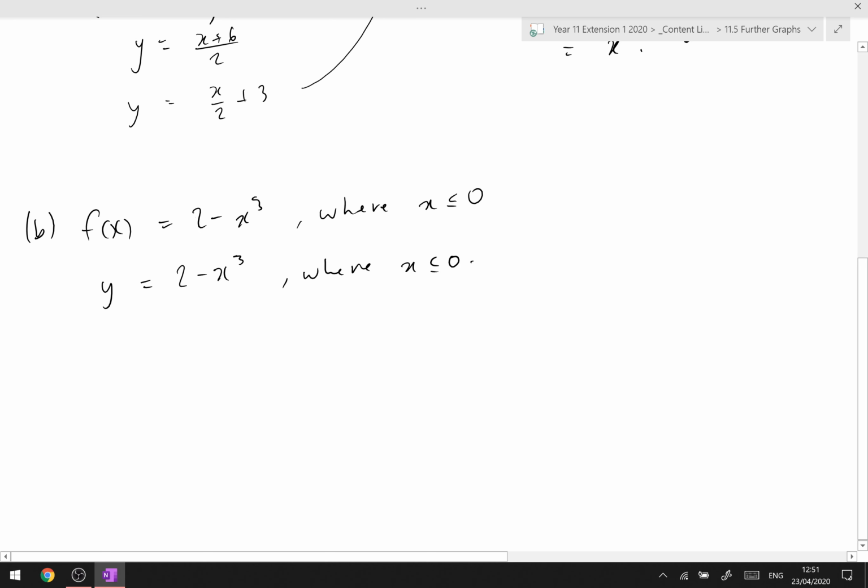So what we're going to do for this one is start off by rewriting f of x as y equals 2 minus x cubed, where x is less than or equal to 0. Then we're going to swap all the x's with y's and all the y's with x's, so it becomes x equals 2 minus y cubed, where y is less than or equal to 0.